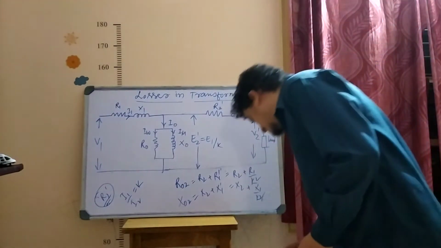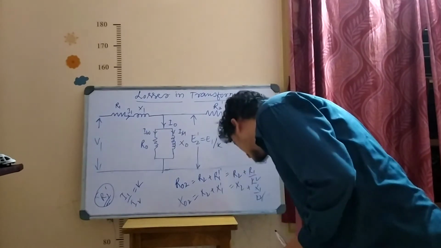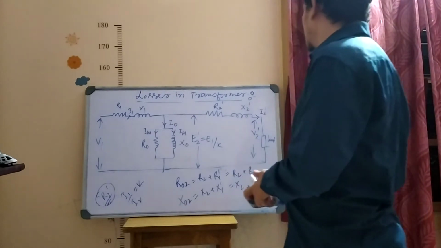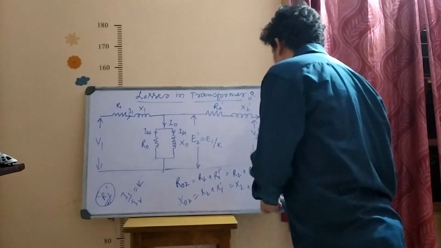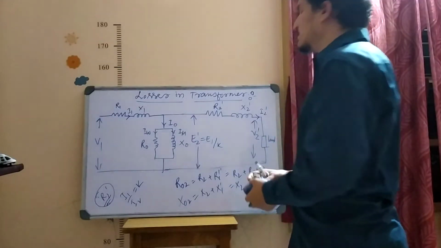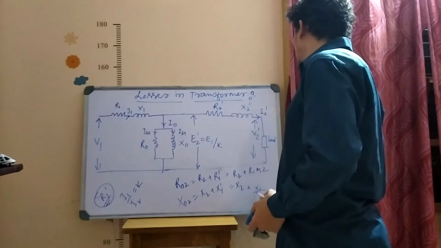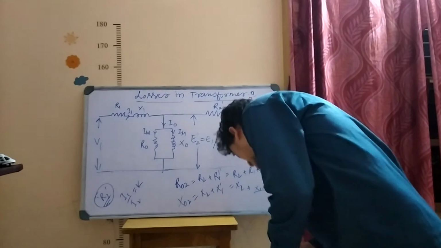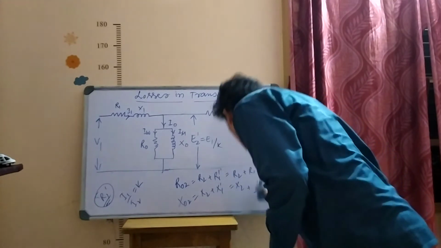Referring to primary, so this is how. Sorry. Only when you are referring to the primary, it is divided by K square. When you are referring to the secondary, it is multiplied by K square.